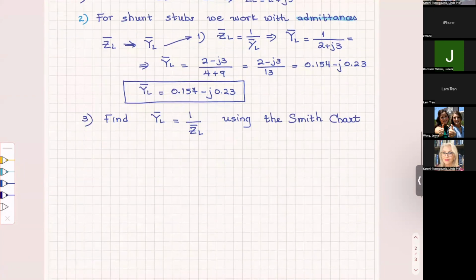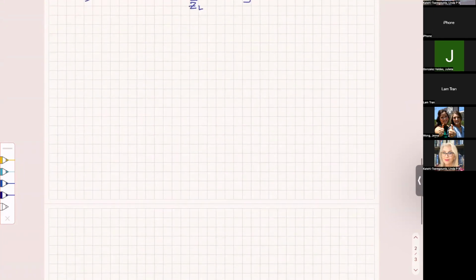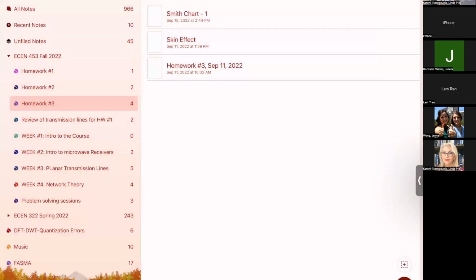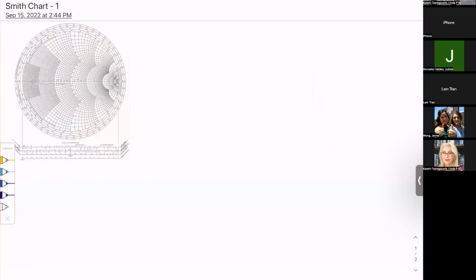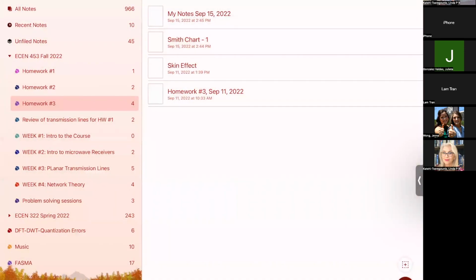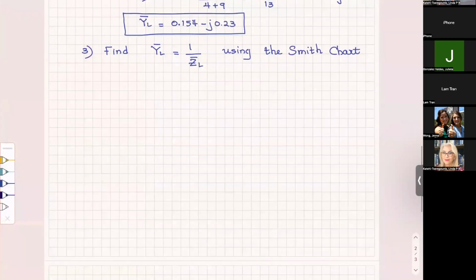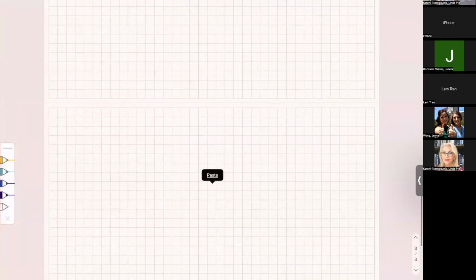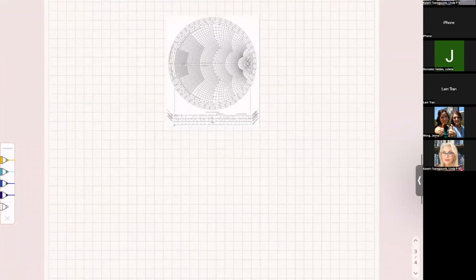Okay, so now we're going to do that. Let's see, we have a Smith chart here. I'm going to copy it, go to here and paste. All right, but we're going to make it bigger.